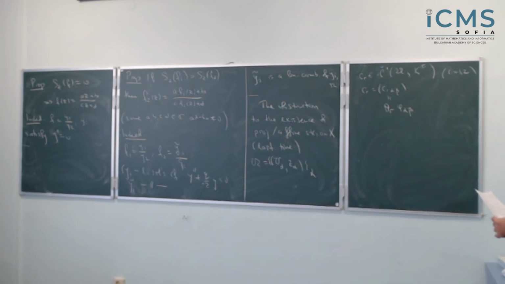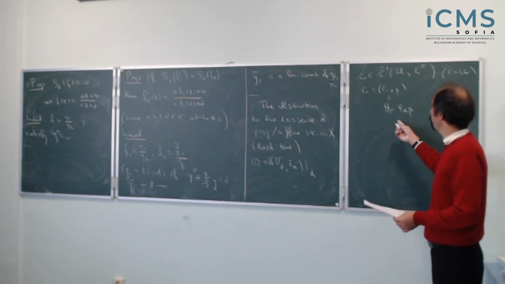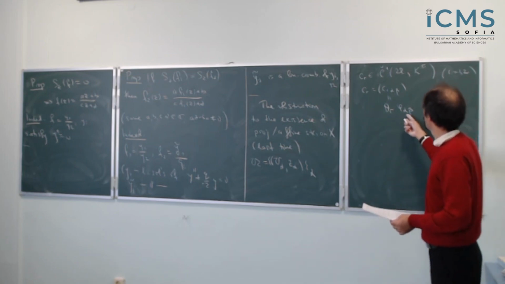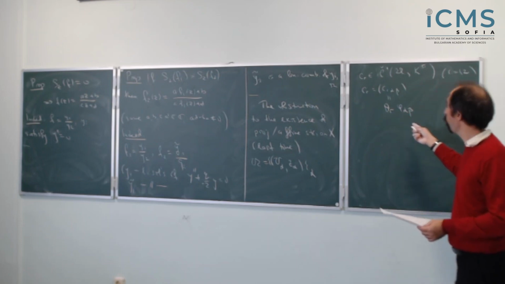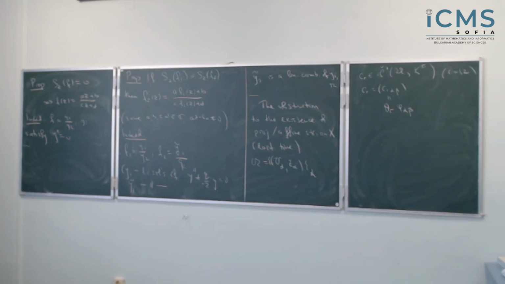Whatever the transition functions alpha beta are, you apply the Schwarzian derivative to them and get a function on each intersection of opens.